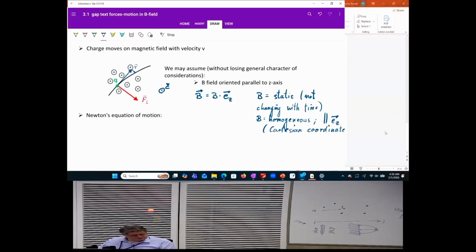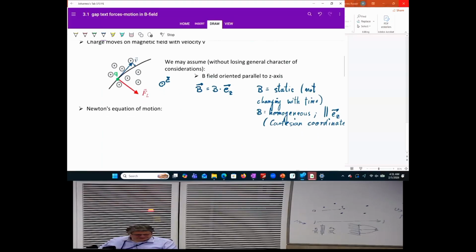So we want to see now, in view of this Lorentz force, if we send in a particle, what kind of motion will it describe, along what kind of trajectory will this particle move as we let it enter this magnetic field. And for that purpose, we have to go to Newton's equations and make the balance of forces to see what will result as a motion.